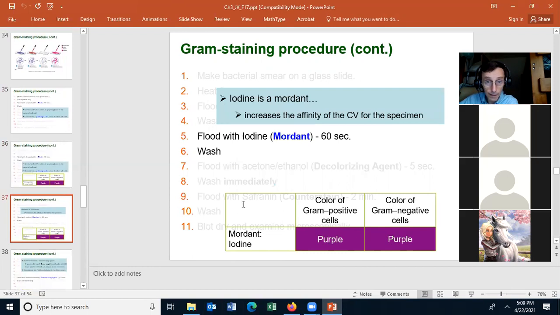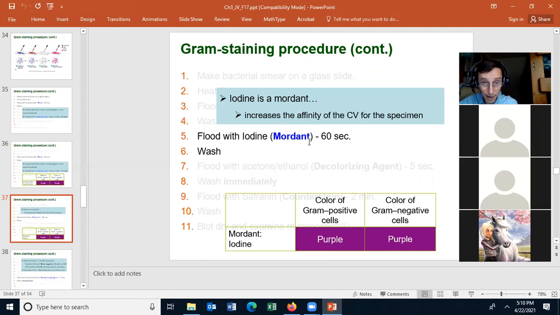We then flood the slide with iodine. Iodine isn't really a stain, it is a mordant. Iodine can be used for a stain. If you're staining plant cells, for example, iodine stains, is it glucose or starch? I think it stains starch. But we're not using it as a stain, we're using it as a mordant. A mordant is something that increases the affinity of the stain, the crystal violet in this case, for the specimen.